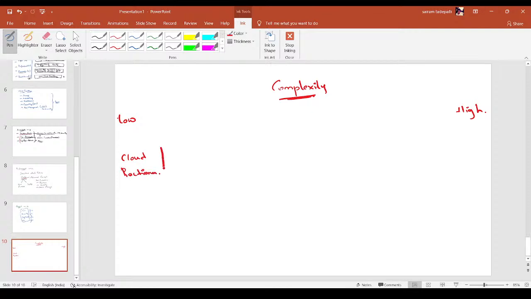So next one is solutions architect, associate. Next one, developer, associate. Next, sysops admin.